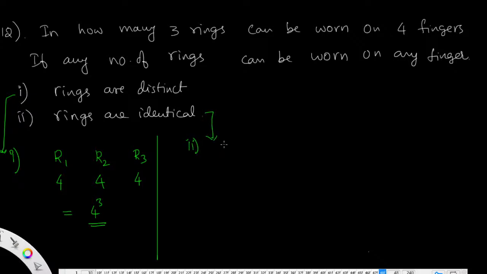Rings are identical means rings n equal to 3 and persons p equal to 4. Distributed by fingers and persons are different, so they can use the Beggar's formula.